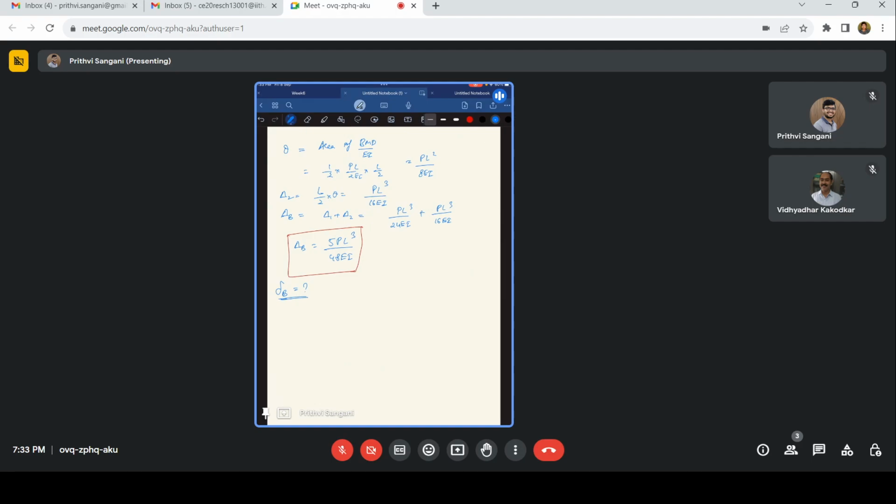The main question is the frame member, where right now we have a static indeterminacy of 1. Let me remove the support C, and I'll apply a vertical load VC there.